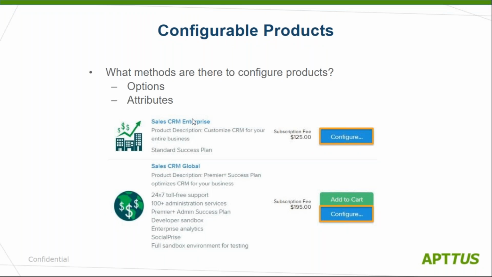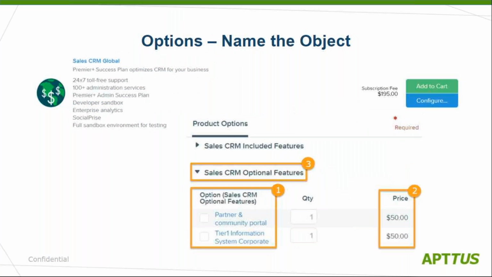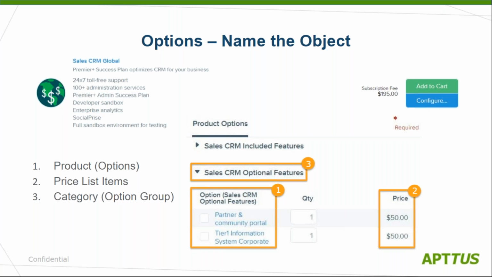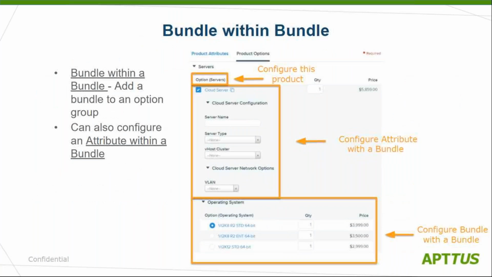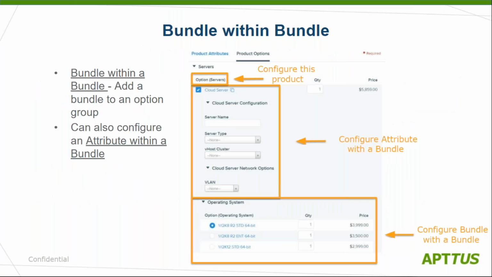Multi-dimensional configurable products are similar to what we discussed. They are configurable products where we can configure options and attributes. You have to specify the product attribute value, field, attribute group, and also the product options, prices, items, and categories. Under multi-dimensional, one major thing is the bundle within a bundle that I was talking about earlier. This has the capability to configure a bundle within a bundle.